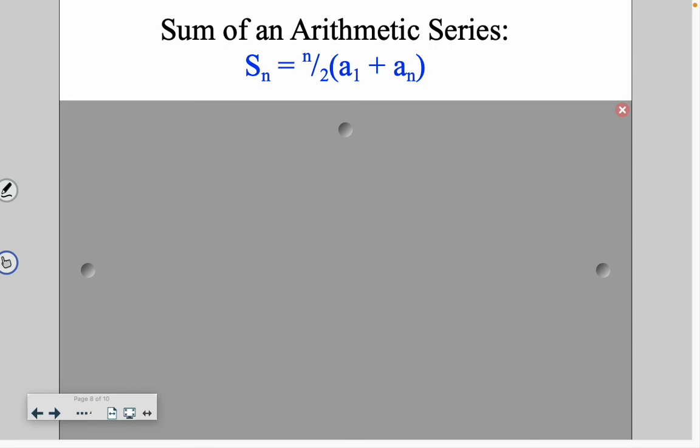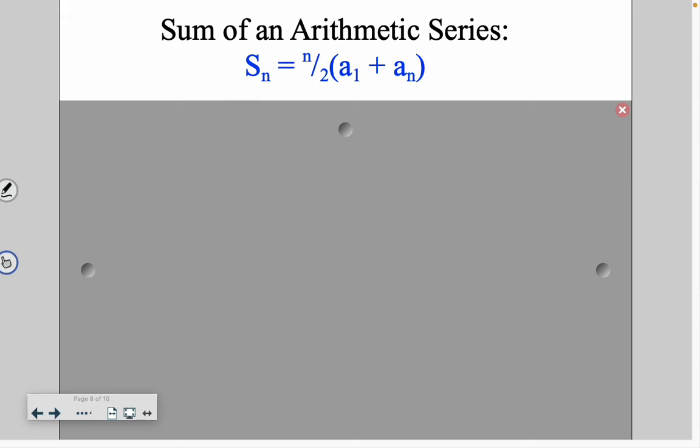N is still the term number. Okay, that doesn't change. A sub 1 is still the first term. But now, A sub n in this formula, and you may want to make a note of this, A sub n is the value of the last term. So if you're finding the sum of the first 50 terms, A sub n in that case would be A sub 50. Okay?